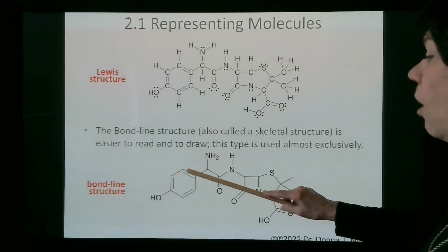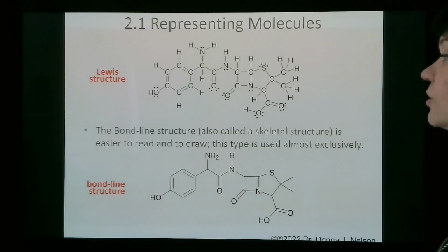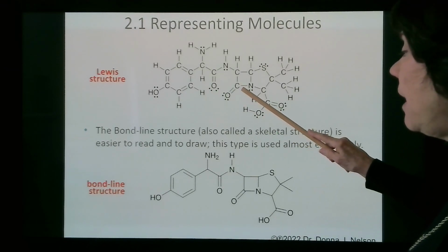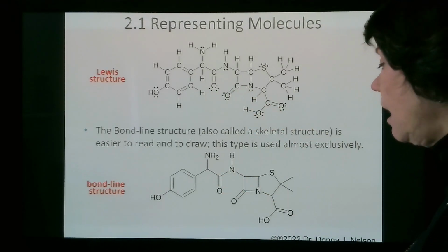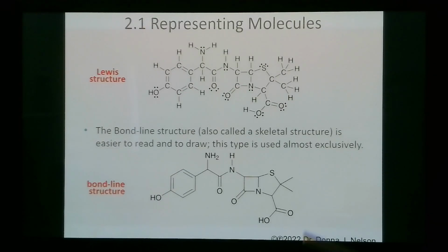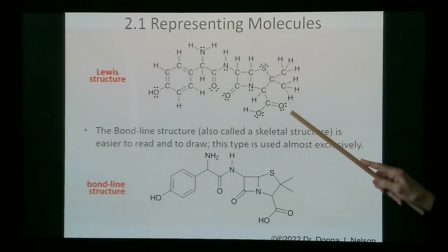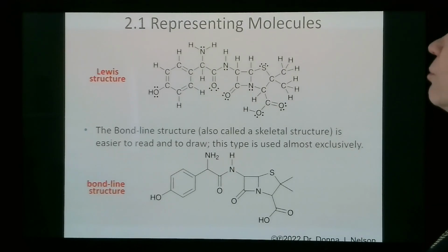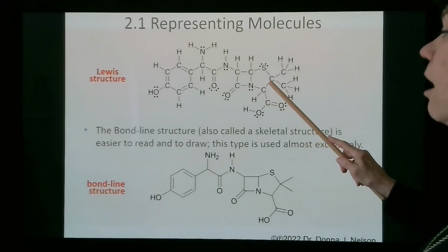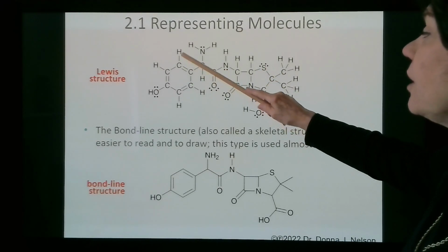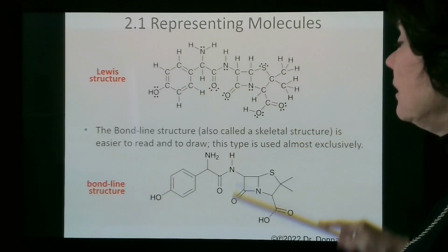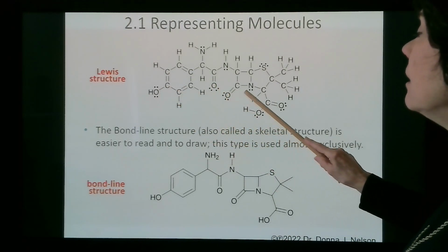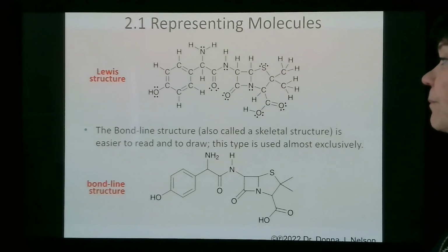So here are 2 different types of drawings of the same compound. This compound up above is exactly the same as the one down below. And this shows very easily why it is that we don't use Lewis structures very often. In the Lewis structures, notice every single CH bond is drawn and every electron pair is drawn in as well.